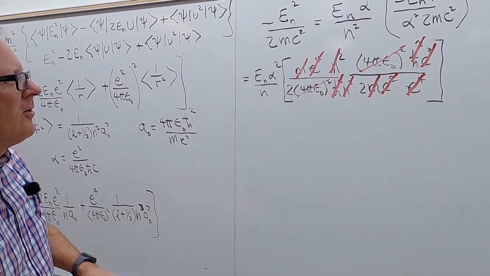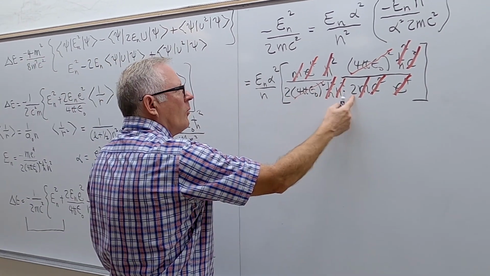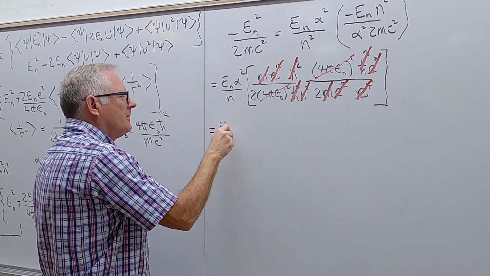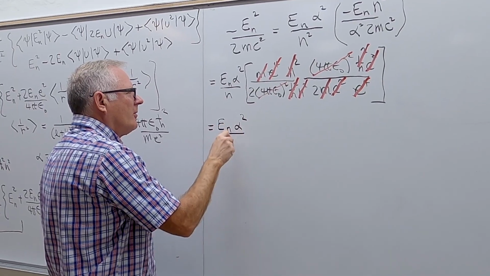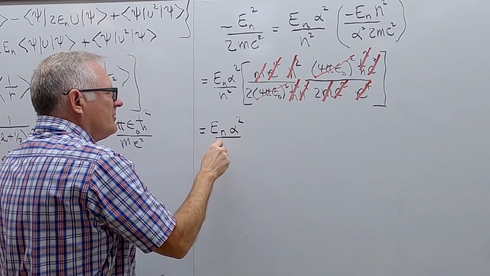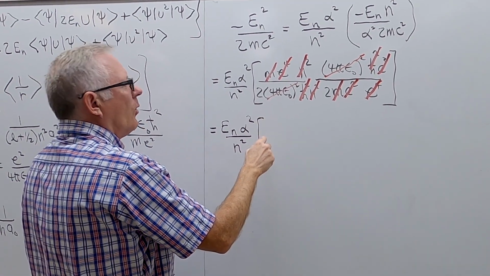Oh, so it looks like the only thing that's left is 1/4. So this first term is e sub n alpha squared all over n squared. Sorry, there was an n squared there. N squared times, and this is just 1/4.